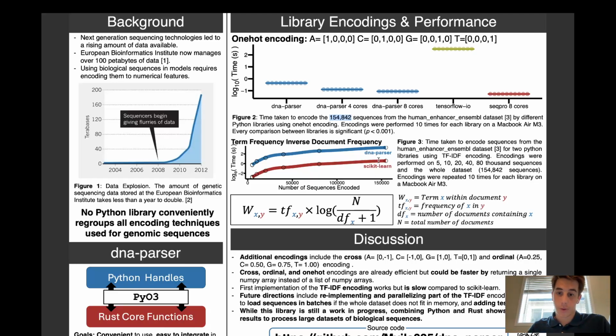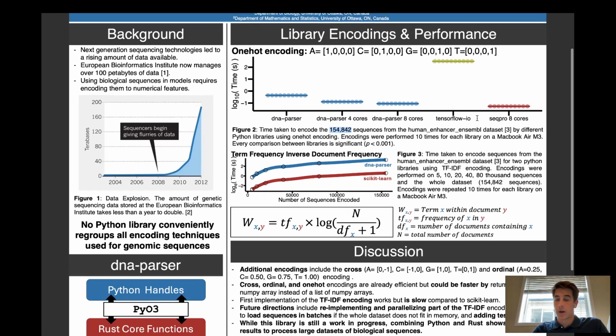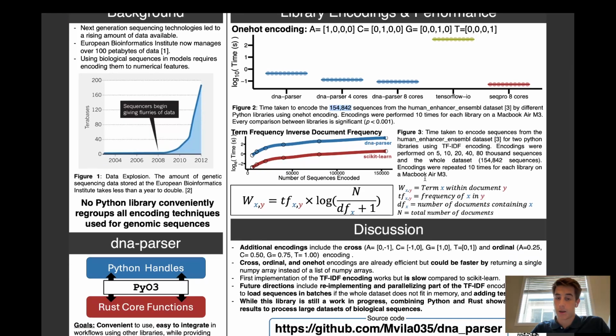So here, for my implementation, I compared it to the implementation in the scikit-learn package, because TensorFlow.io and SeqPro did not have any term frequency inverse document frequency implementation.